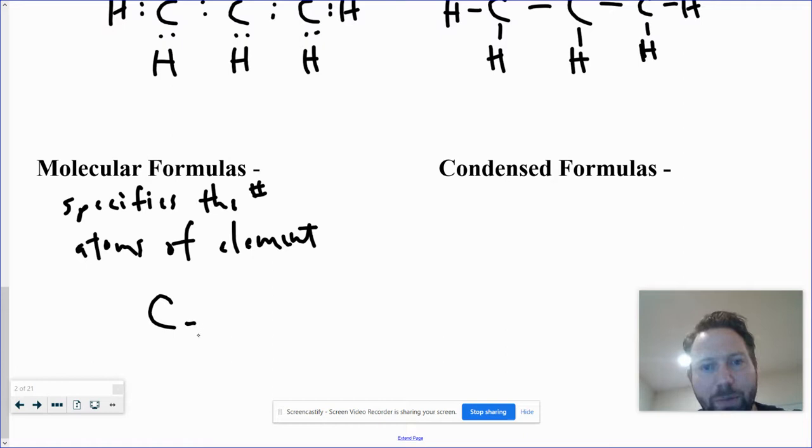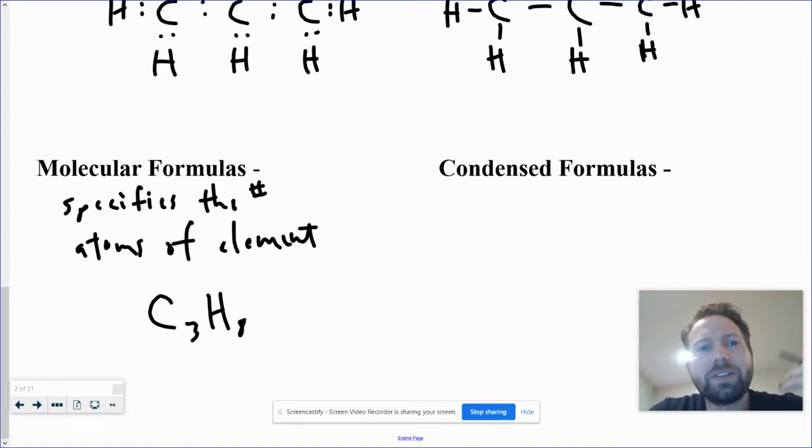And this example would be C3H8. This is the molecular formula. What this does is it's obviously much faster to write and draw. However, you're missing a lot of the structure. And also, this doesn't show you whether or not it's an isomer. Isomers have the same molecular formula, but different structures.